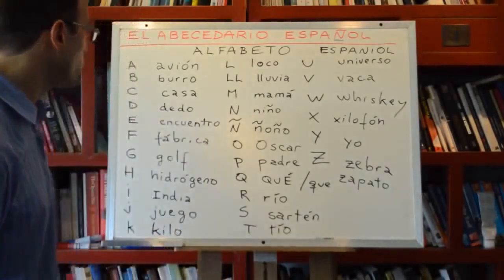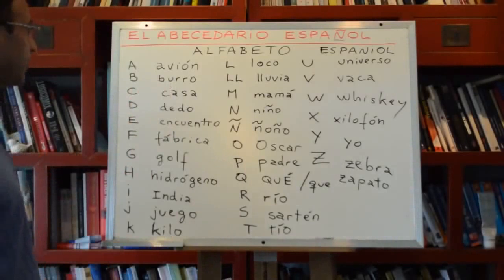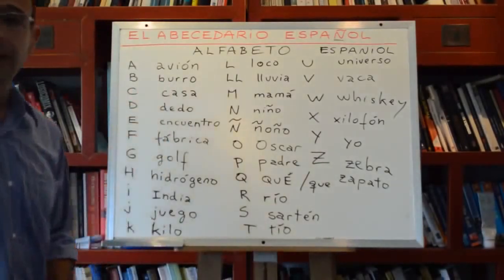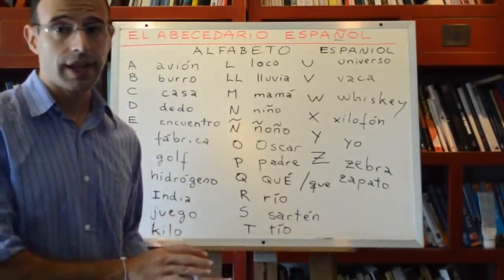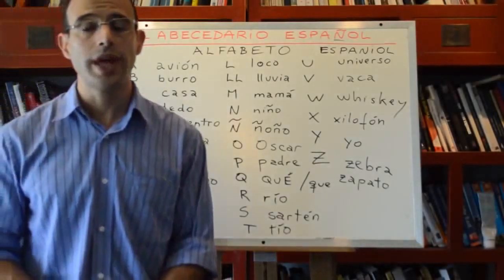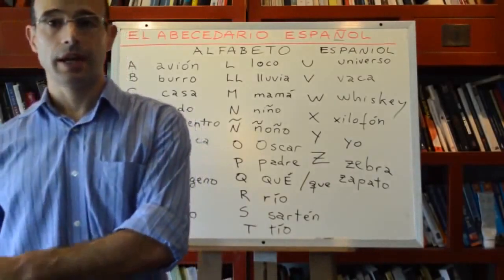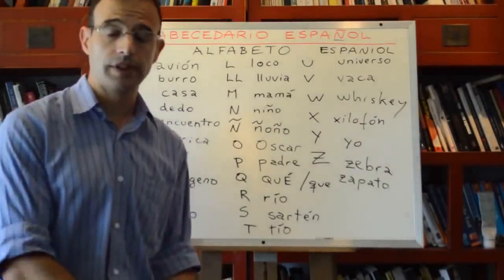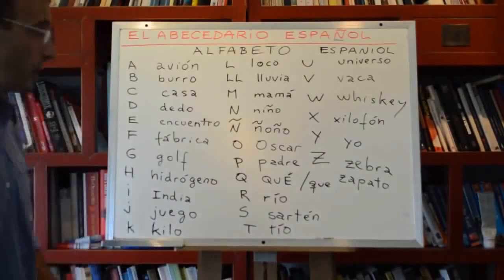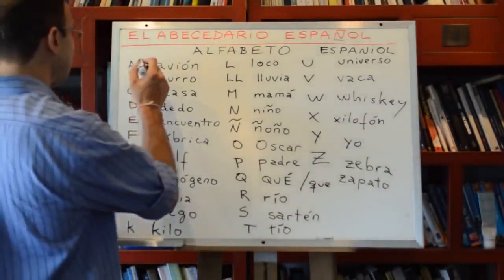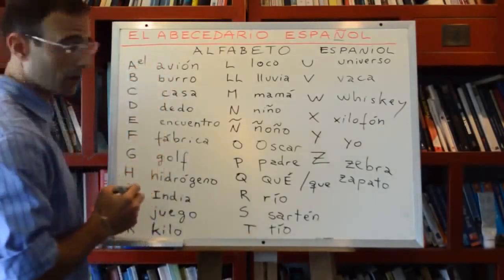Good. Let's read the words one more time. This time I will give you the article of each one of these nouns, because in Spanish we have masculine nouns and feminine nouns. And now I will give you a hint how to determine whether it is masculine or feminine. This is el avión, masculine.